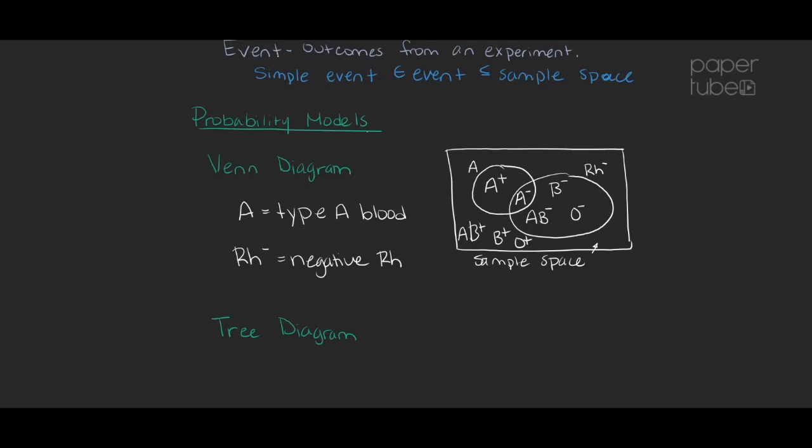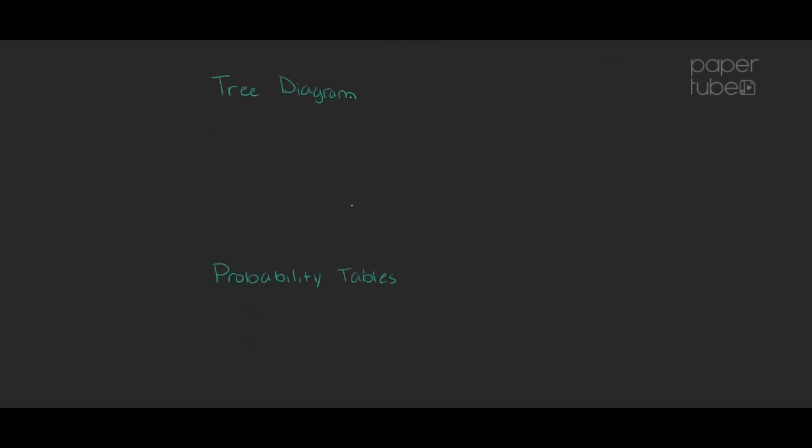The next type of diagram that we're going to look at is the tree diagram. This is another way to organize your data. We often see this with probabilities listed, but for this case, we're just looking at our sample space and finding a way to organize all the possible outcomes. Each time your tree branches, it should be based on one characteristic at a time to best organize your outcomes.